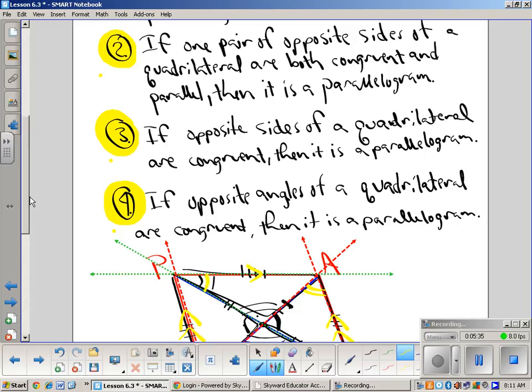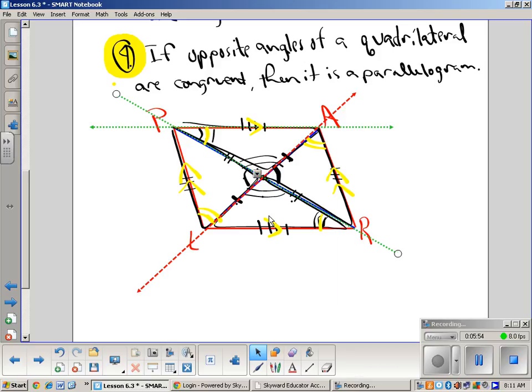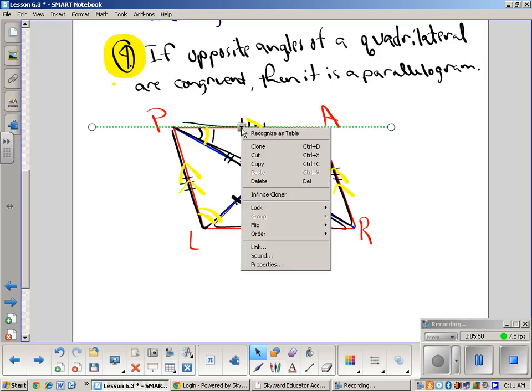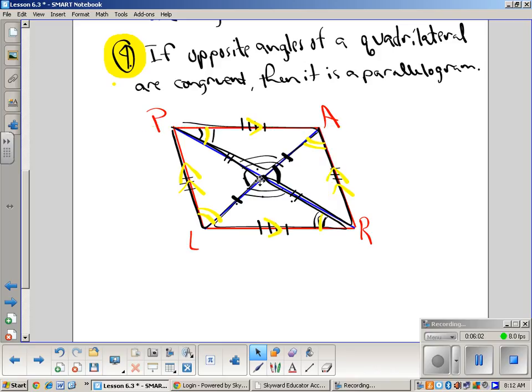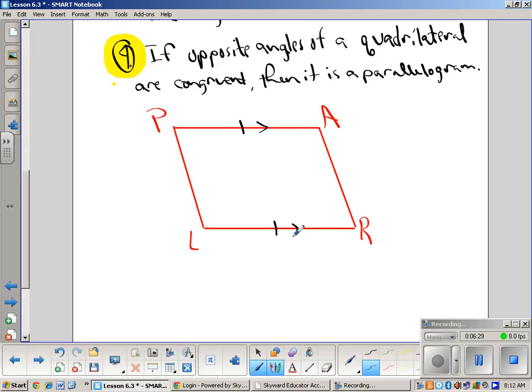So the other one is saying, if we have one pair of opposite sides congruent and parallel, all right, so the second one, what they're saying is if I have one pair of sides that are both congruent and parallel, then that would be enough information.